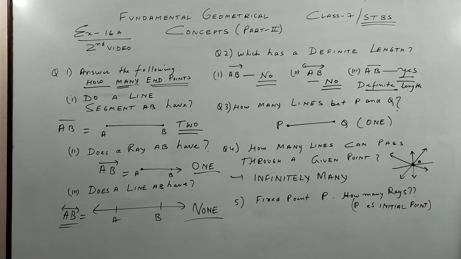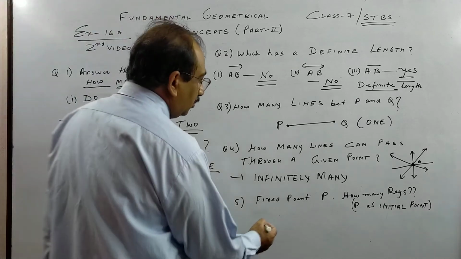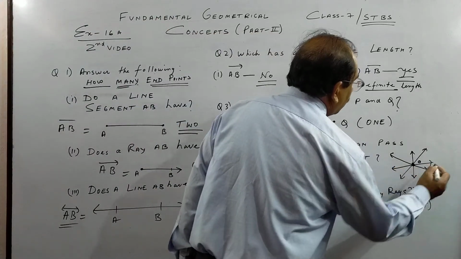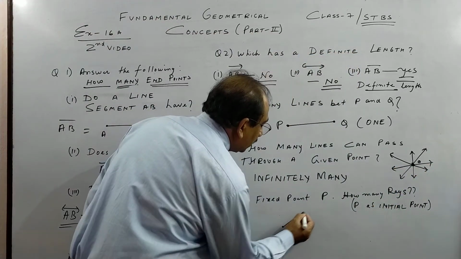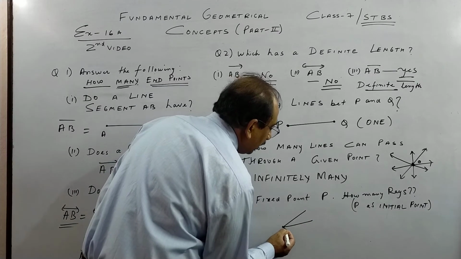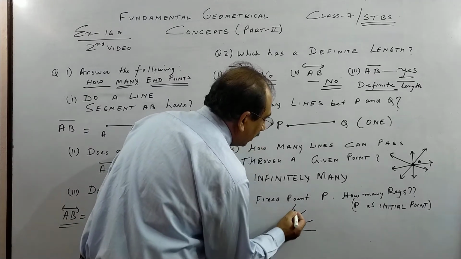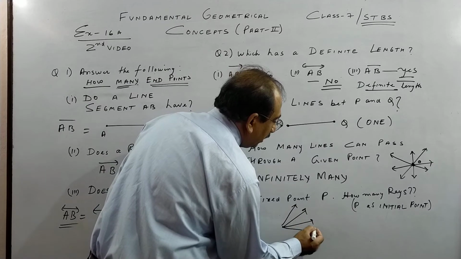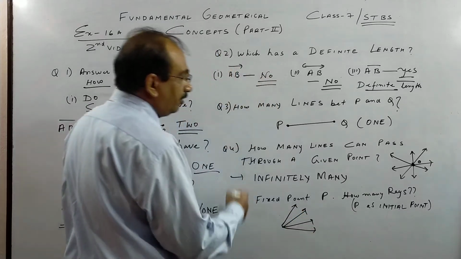Now question 5: a fixed point P is given. How many rays can be drawn with P as the initial point? P is the initial point, so please draw an arrow here. How many rays can you draw? You see, many. In fact, like a sun, we put all the rays.